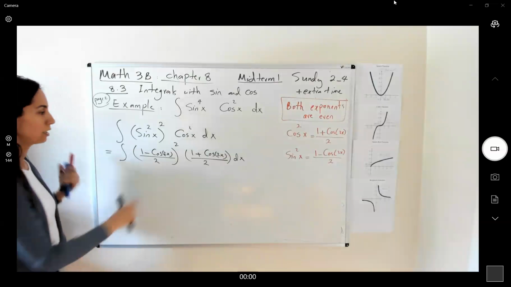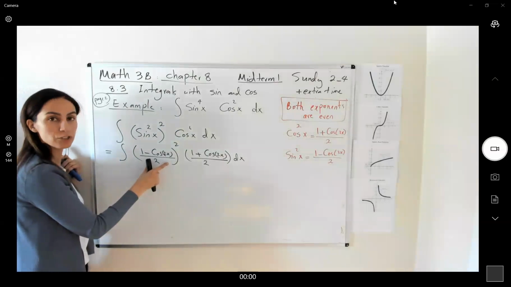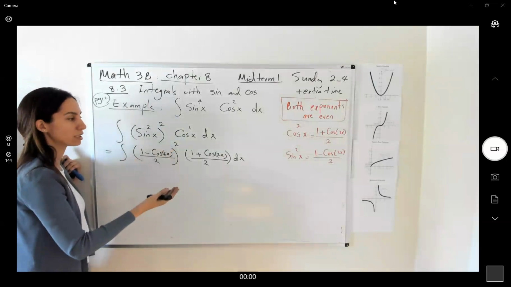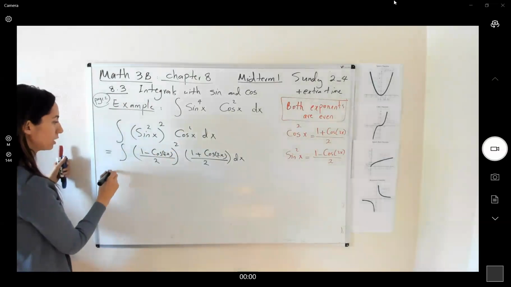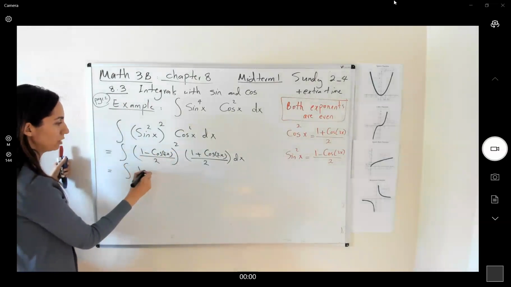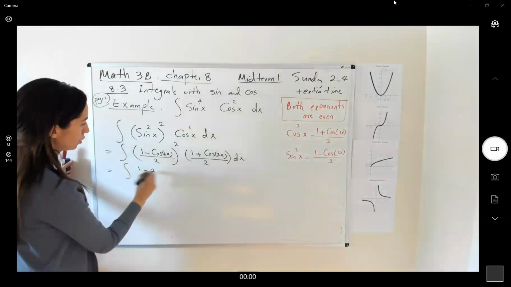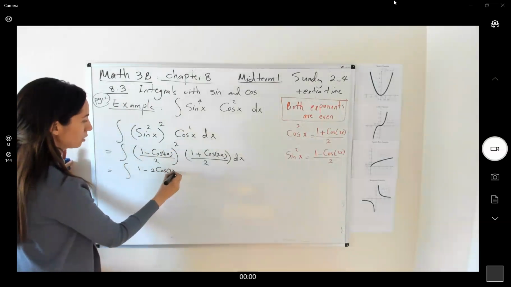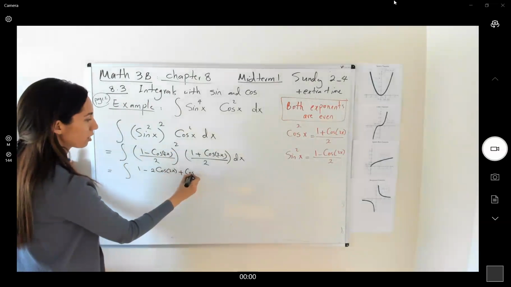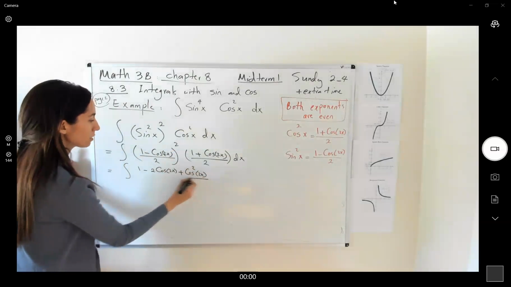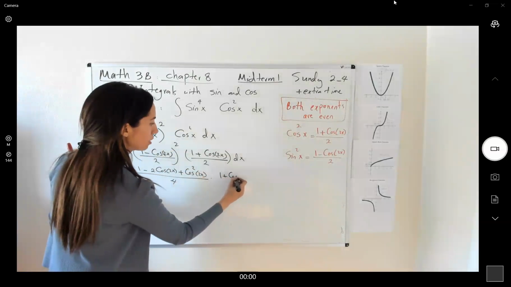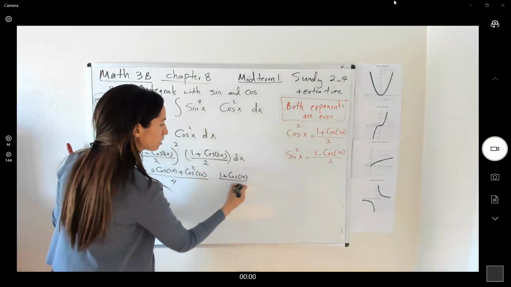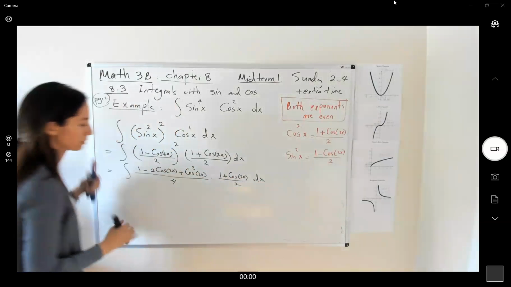Very good. Now we raise this expression to the 2nd power and try to see what do we have. This part is equal to the integral of 1 minus 2 cosine 2x plus cosine squared of 2x divided by 4 times 1 plus cosine 2x divided by 2 dx.